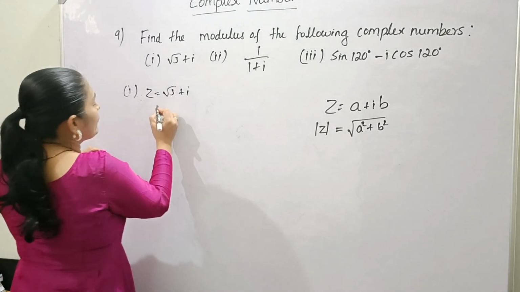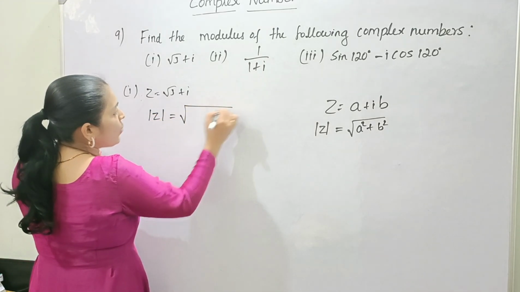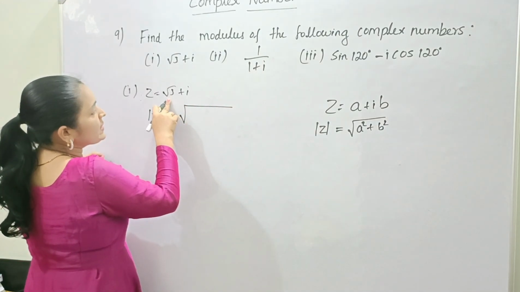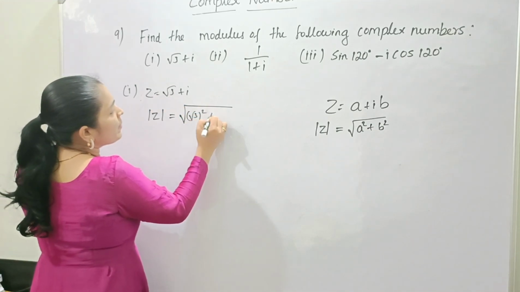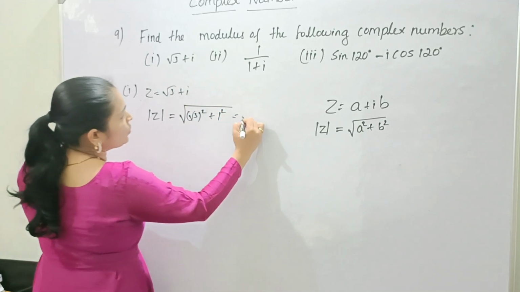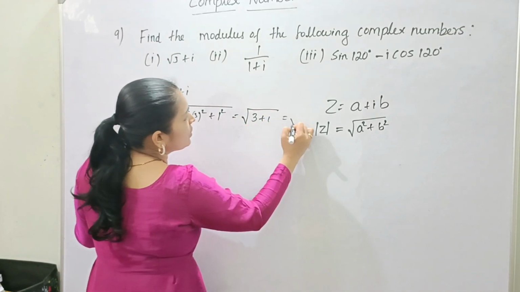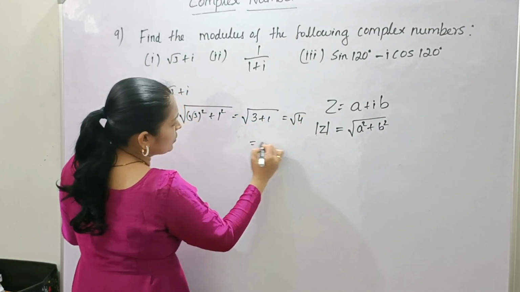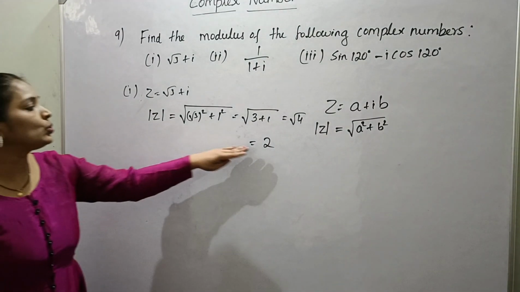So here directly we can find the modulus of this complex number. Modulus z is equal to square root of a square plus b square, that is real part root 3 square plus imaginary part 1 square, that is equal to square root of 3 plus 1, root 4, that is 2. So here modulus of z is equal to 2.